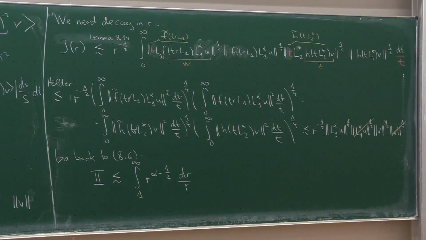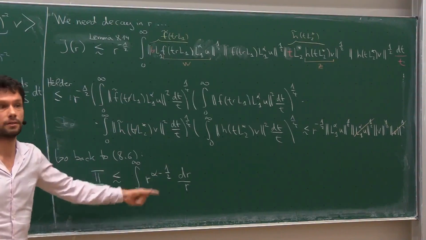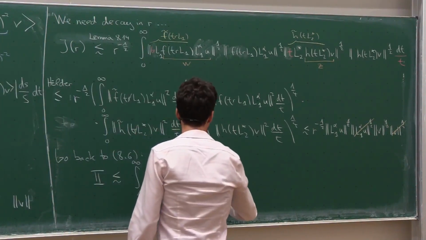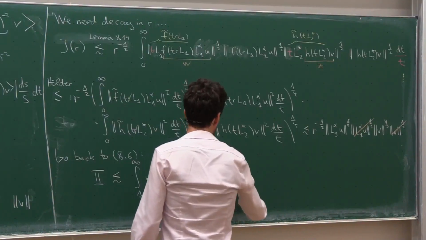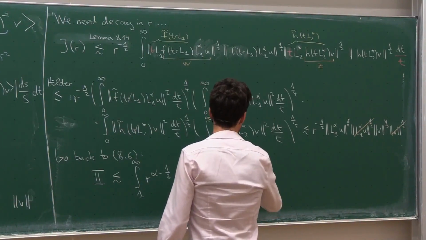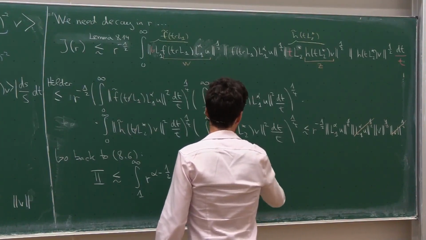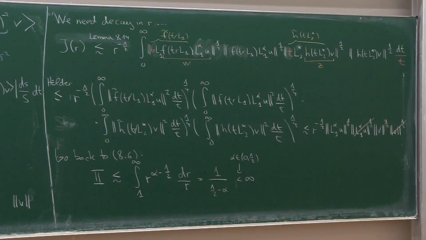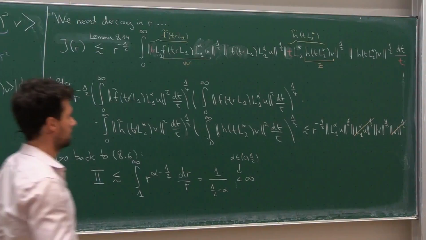And now for the one and only time in this proof, I'm not just using that alpha is between 0 and 1, but I'm actually using that alpha is smaller than 1 over 2, which is the precise condition that makes this integral convergent. Okay, so this is 1 over 1/2 minus alpha, and this is finite because alpha is between 0 and 1/2. And so we win against 2, and so we proved Kato's theorem.